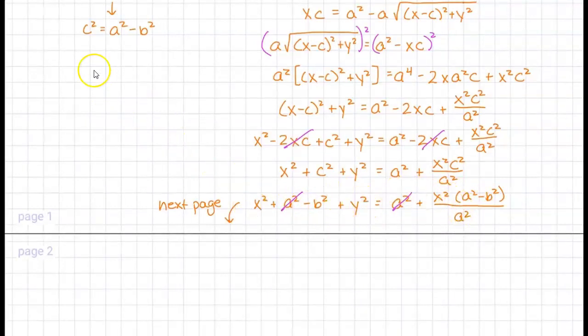So on this side, I have x squared minus b squared plus y squared. And on this side, I'm going to have x squared times a squared, but it's over a squared. So the a squareds will cancel out, and I just have x squared. And then I'll have x squared times b squared over a squared, and nothing cancels out there.